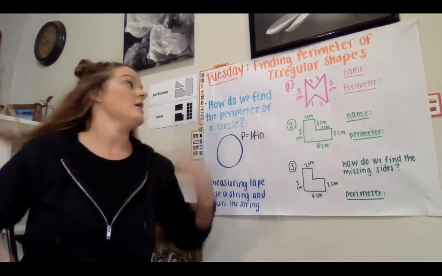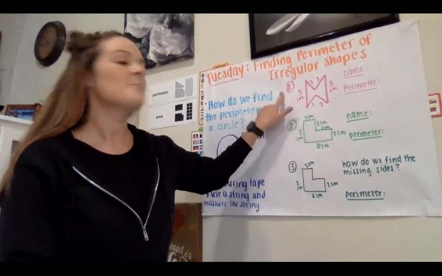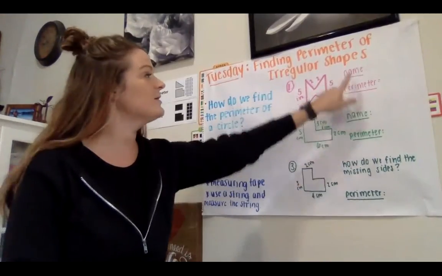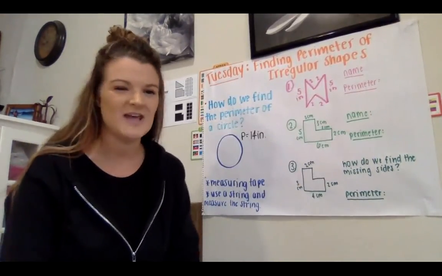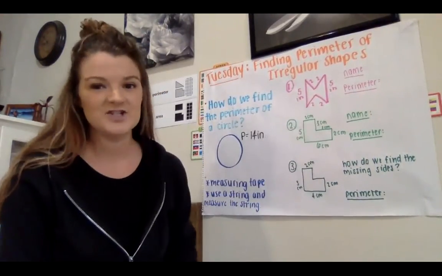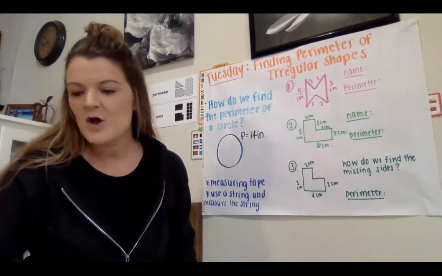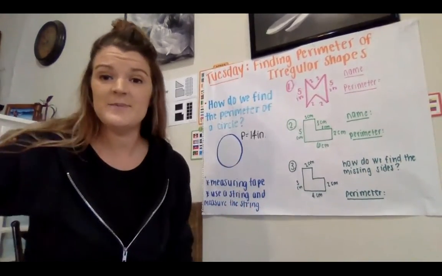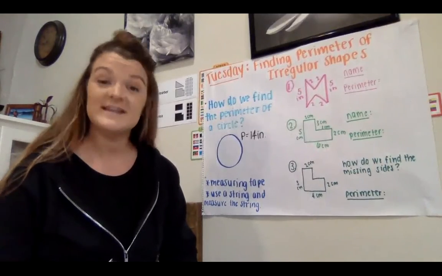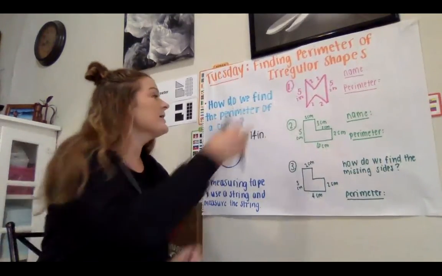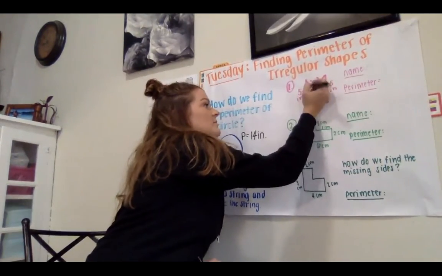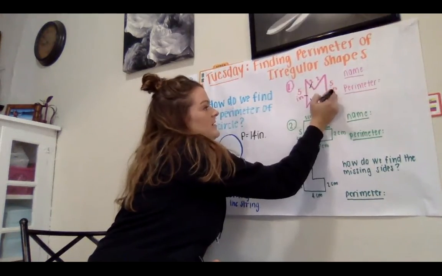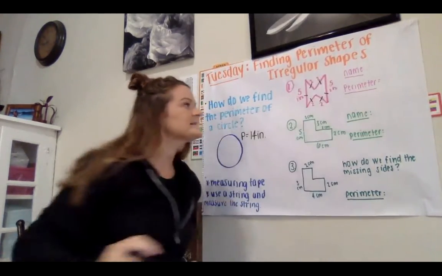Now let's look at some of our other shapes on our chart. My first shape is up here in pink, and notice I didn't label the name of the shape. This doesn't look like a shape we're used to seeing all the time. So how do we decide what kind of shape it is? We need to count the side lengths. So I'm going to go ahead and mark my sides as I count. 1, 2, 3, 4, 5, 6.